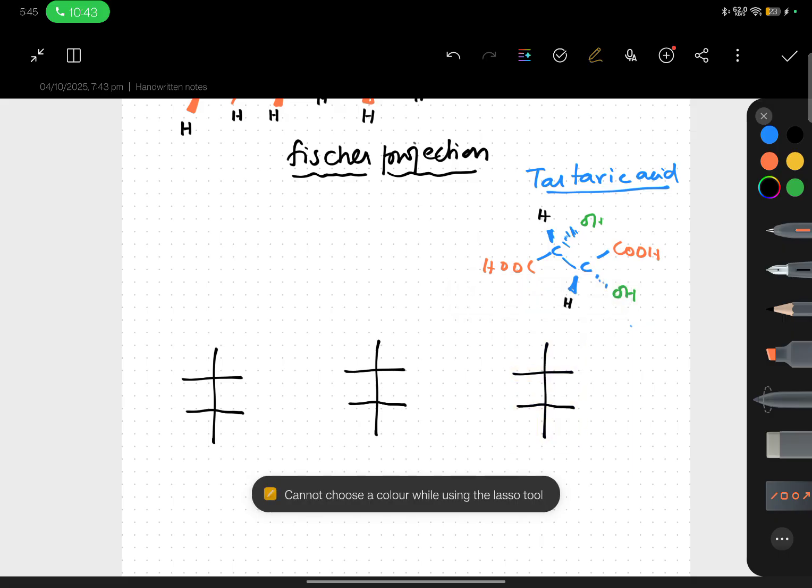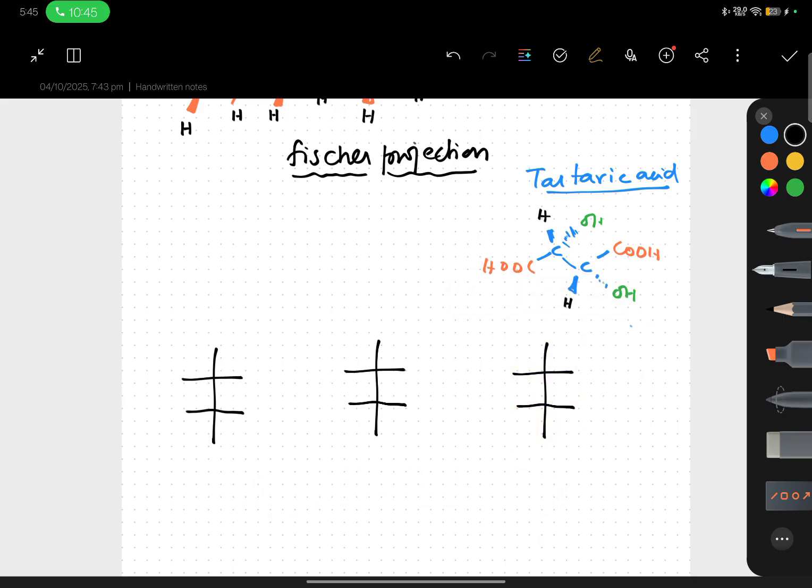So now what are we supposed to do? First we will put the carboxylic acid on the top. Now the projection can be written like this, or you can write the mirror image of it.